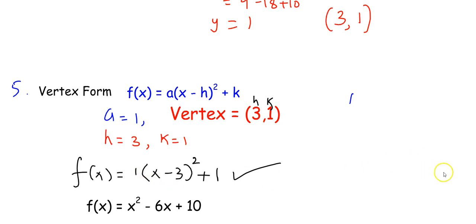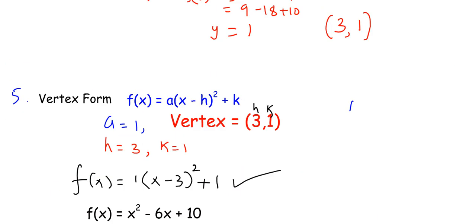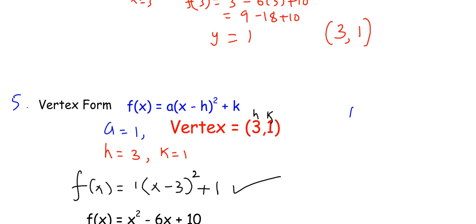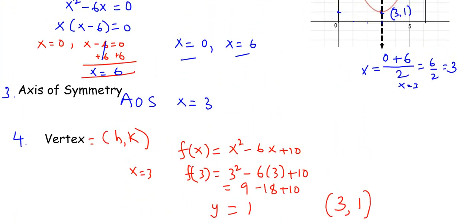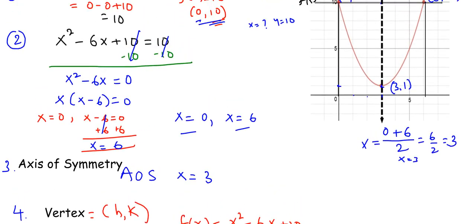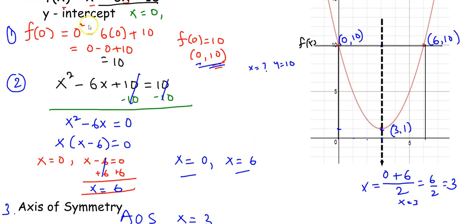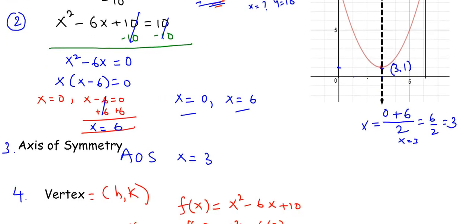Now what are the 5 steps that are involved in going from standard form to vertex form of the given quadratic function? Let us quickly go back and see. The first step, find the y-intercept, and in the second step, find those two values of x, that is one for x equal to 0 and the other x value for which y is 10, which is the y-intercept.